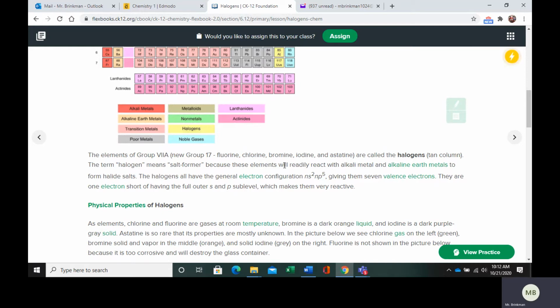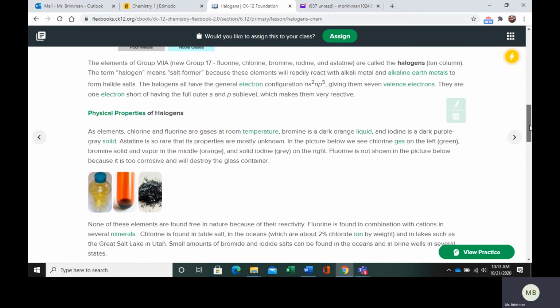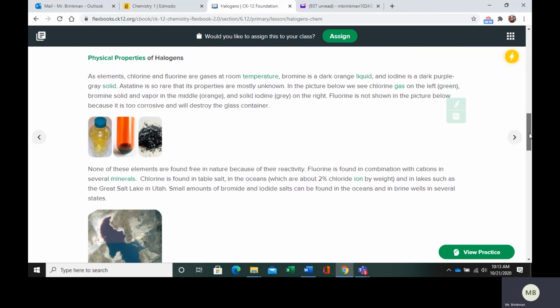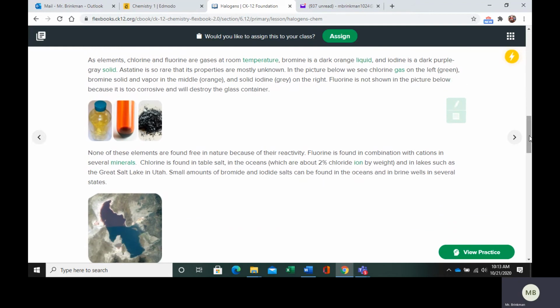These elements will readily react with alkali metals and alkaline earth metals, so columns 1 and 2, to form halide salts. So this isn't just table salt. There are several compounds called salts that are the result of halogens and column 1 and column 2 elements reacting to form a compound.